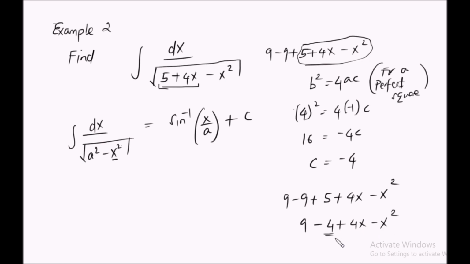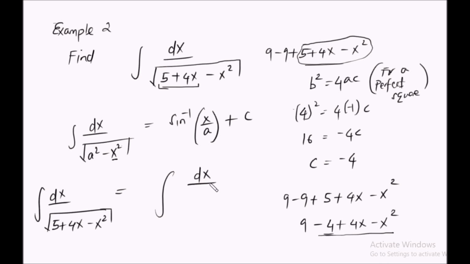So now see -4 here. You can see, this one now is a perfect square. So this expression, 5 plus 4x minus x squared, is equal to 9 minus 4 plus 4x minus x squared. So now I have a perfect square.